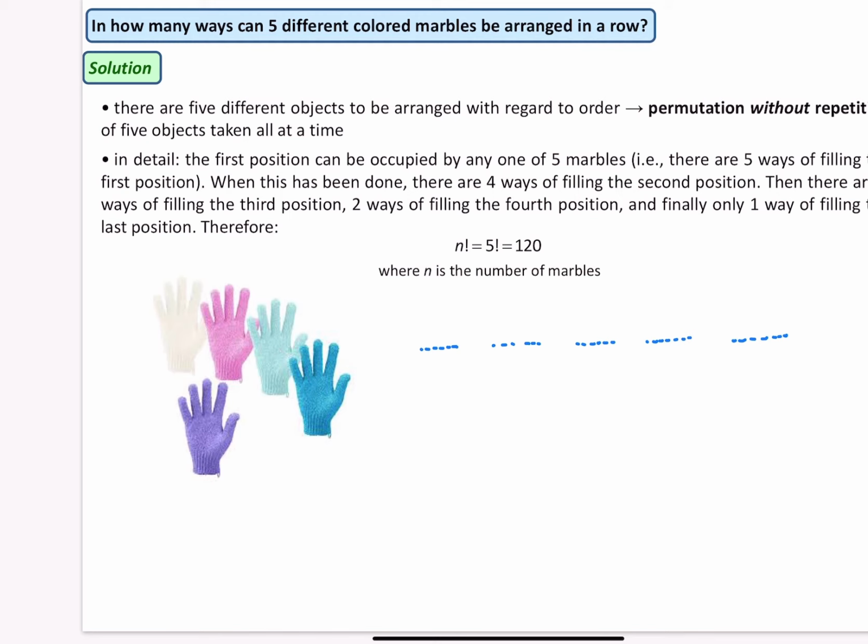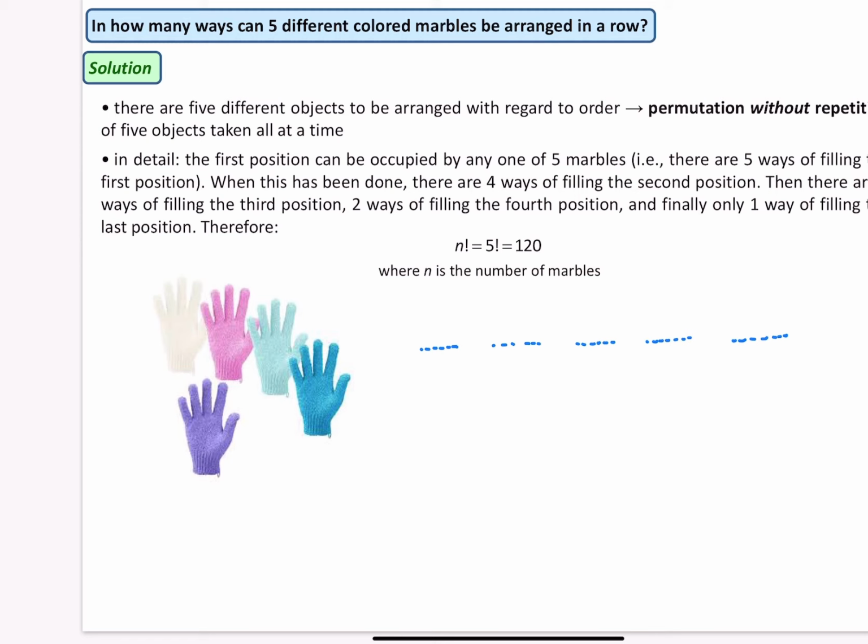In how many ways can I arrange these colors? If I want to put them here, does the order matter or not? If it matters, it is a permutation. So in my case, the question itself is about permutation.